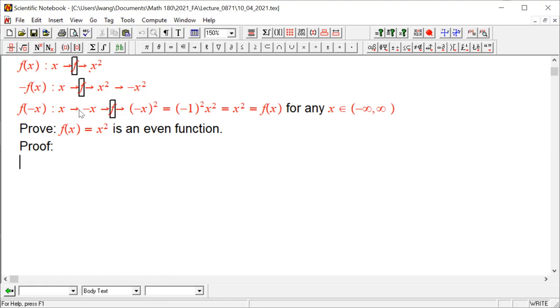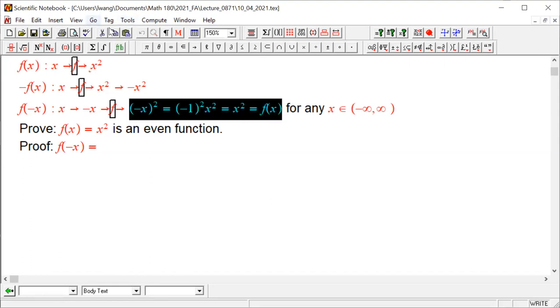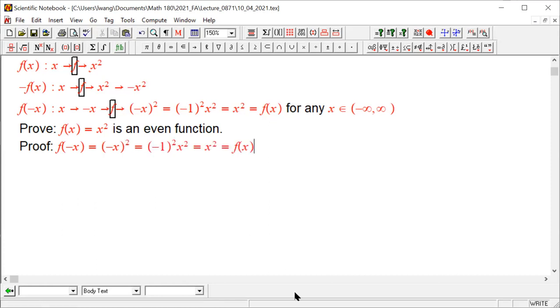This is how you prove it. You don't need to draw this machine and so on. All you have to do is start with f of negative x, and that equals all of these, so you just demonstrated f of negative x equals f of x.